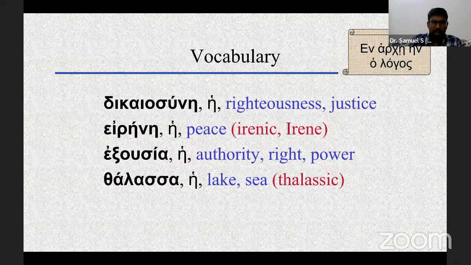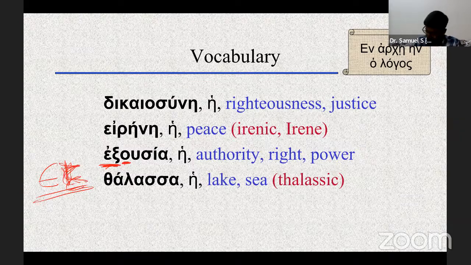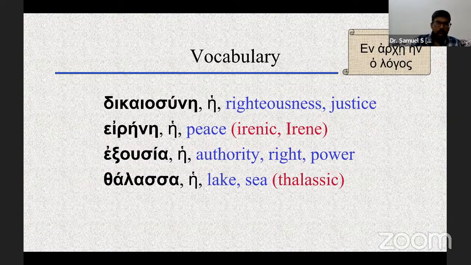Exousia, authority, power. And you see ex here, right? It's the preposition ek, because it's followed by a vowel, it becomes ex. Exousia, authority. Thalassa, lake or sea.